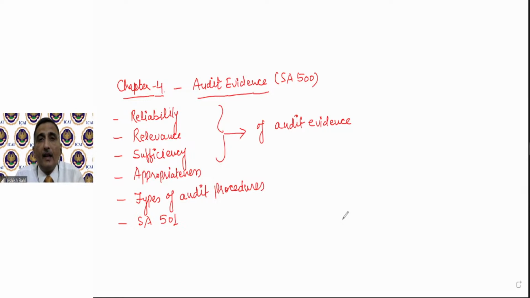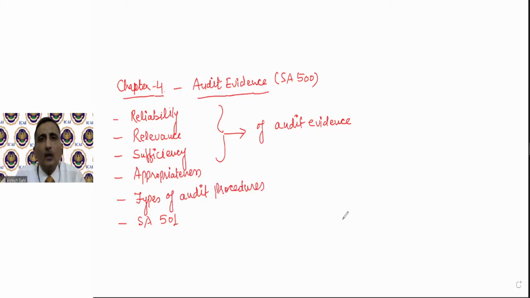We had read that audit evidence is the information used by the auditor, which helps in arriving at conclusions on the basis of which his opinion is based. We had also understood that audit evidence includes information both from accounting records and other information.